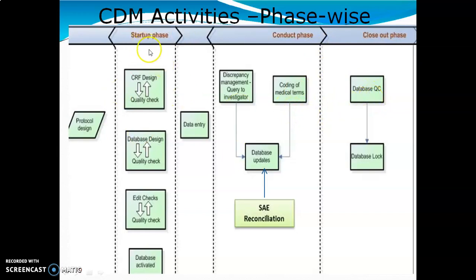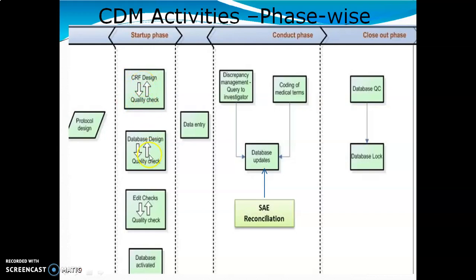Now in the startup phase, what are the things we can observe? The main thing is the protocol. The protocol design will be done initially. Depending on the protocol, they are going to make case report forms. A high quality case report form they should make, so that a quality output is obtained, because proper data can be collected with this. This is the first thing.